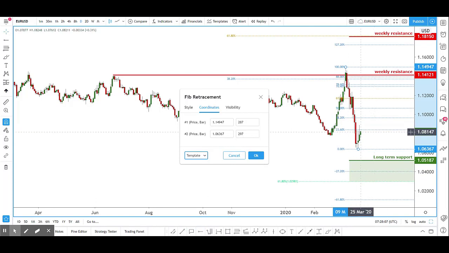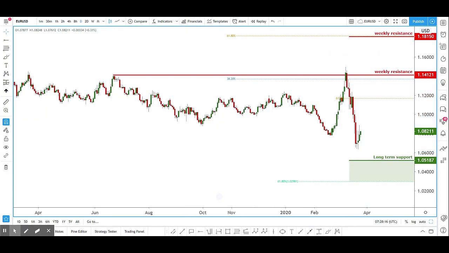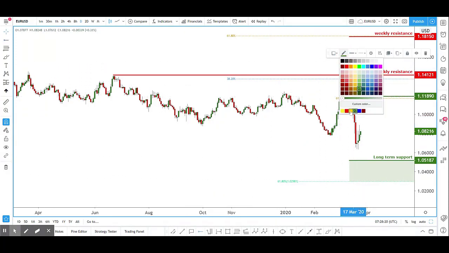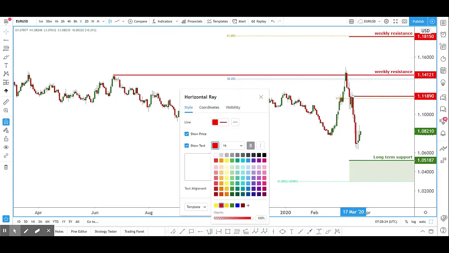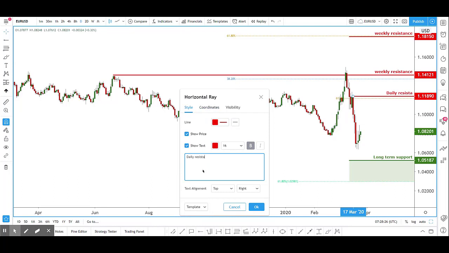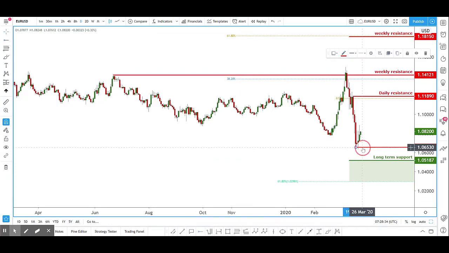So price is actually coming close to 23.6%, but I still prefer this stronger level, this key Fibonacci ratio of 61.8, so I'll just highlight it. And I'll put the level down and call this our daily resistance. Now we have our daily resistance, and I'll use this as our daily support.